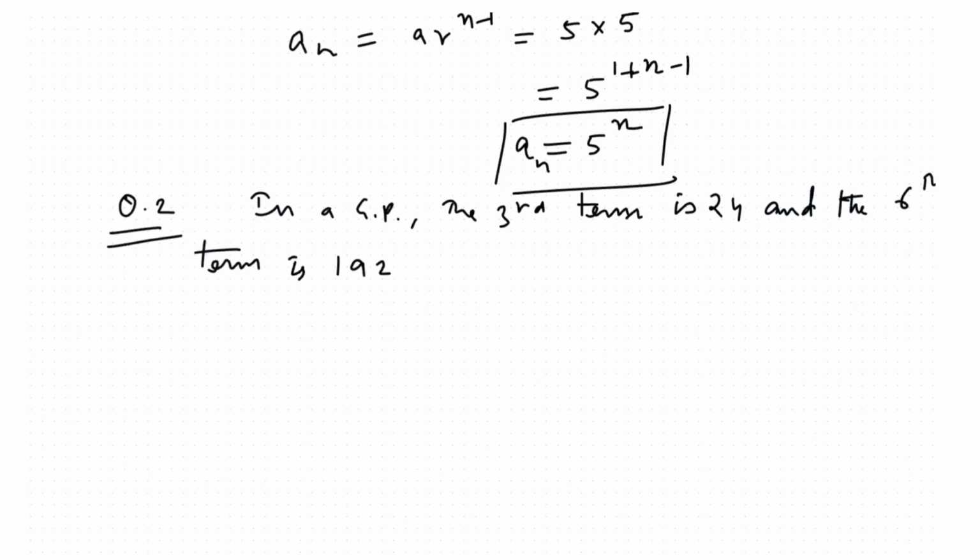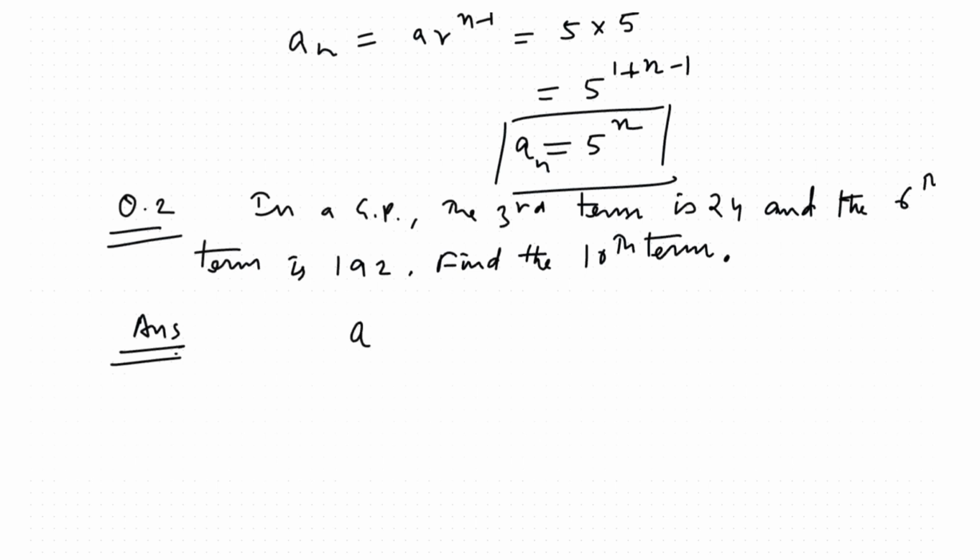Now the question is, find the 10th term. So how do you find it? We know the GP's third term is 24. So the third term, a3, is 24.